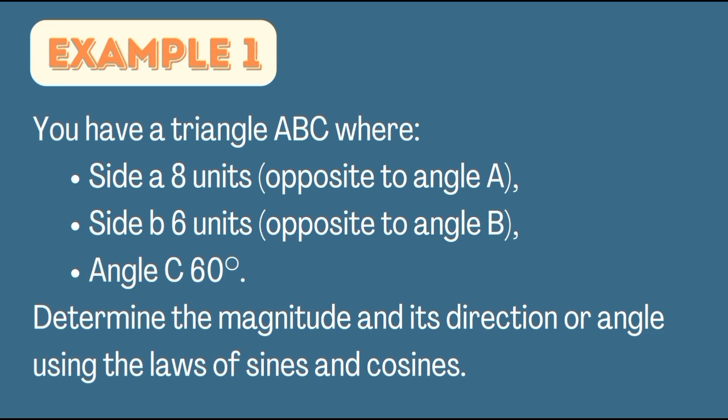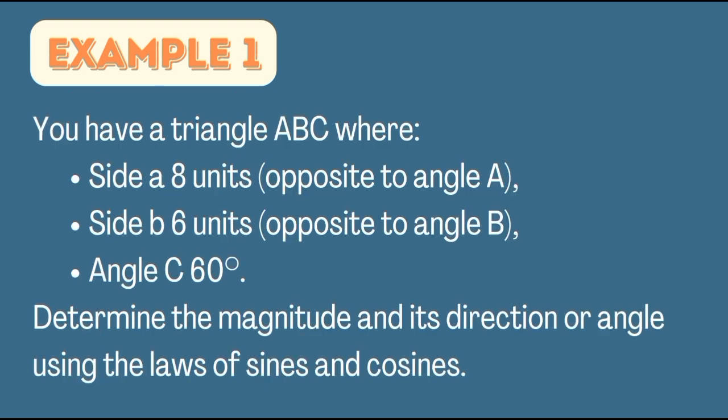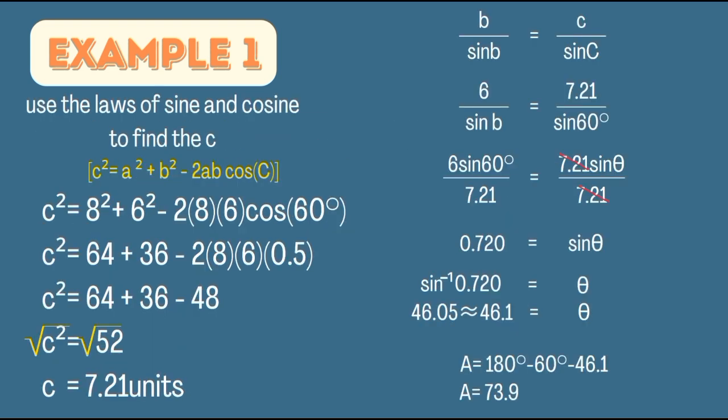In determining the magnitude, we must use the law of cosines. So c squared is equal to a squared plus b squared minus 2ab cos C, where a is equivalent to 8, b is equivalent to 6, and our angle is 60 degrees.